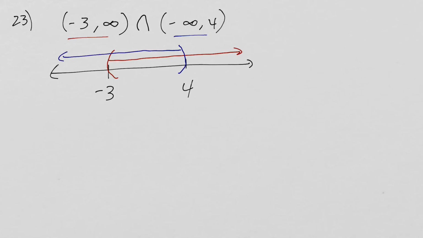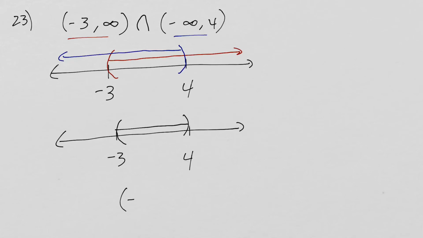Now this is an intersection, so I only want the portion that they have in common. So if I graph this, I would clean up this graph and only include the places where there's a solution from both of them. So it would be like this. This is what the graph would look like. But in interval notation, I would simply write negative 3 to 4.